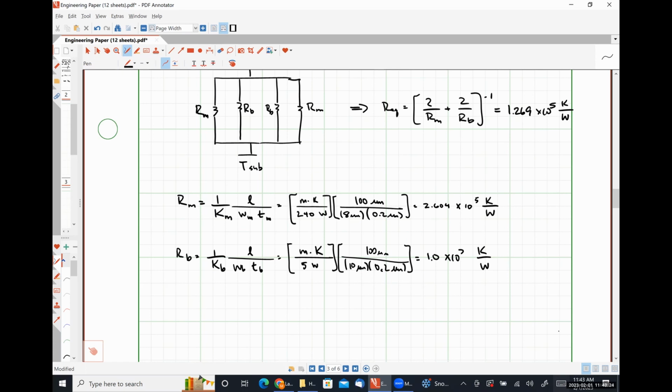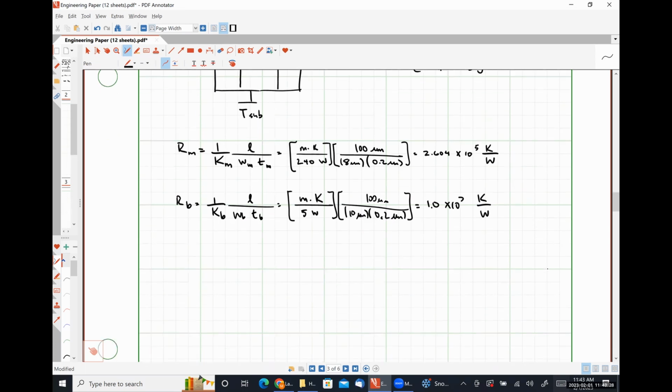It's going to be slightly smaller than the smaller of the two thermal resistances. So for the most part, we could have neglected the thermal resistance of the beam here, and really it wouldn't make a whole heck of a lot of difference.